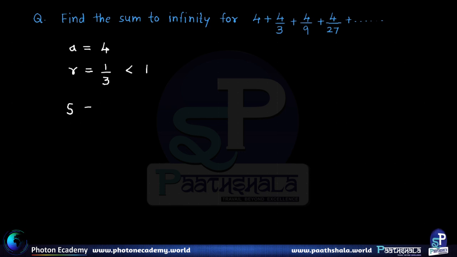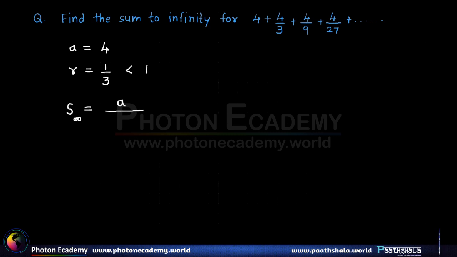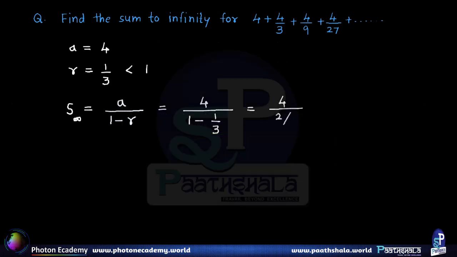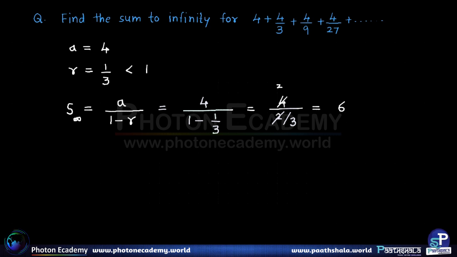Writing the formula of the sum of an infinite series, it is a upon 1 minus r. So a is 4 divided by 1 minus 1 by 3. That gives us 4 upon 2 by 3. So the 2 will cancel with the 4, and 3 will get multiplied with 2. Therefore the answer is nothing but 6. So that is the sum of this infinite series.